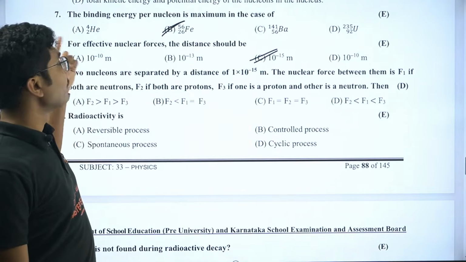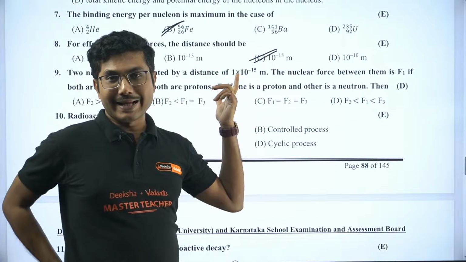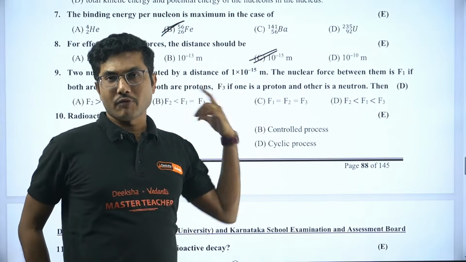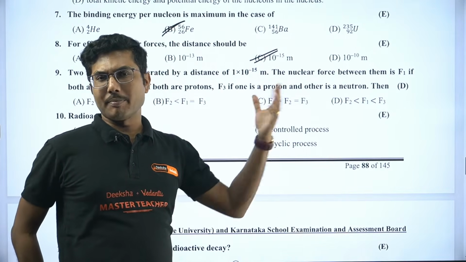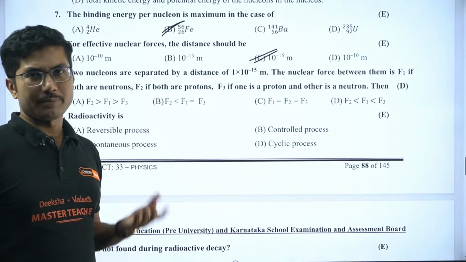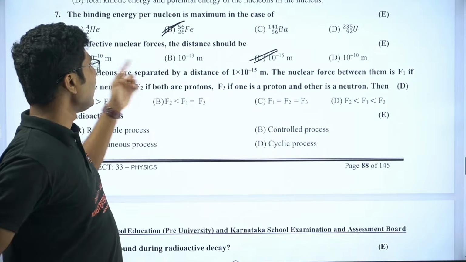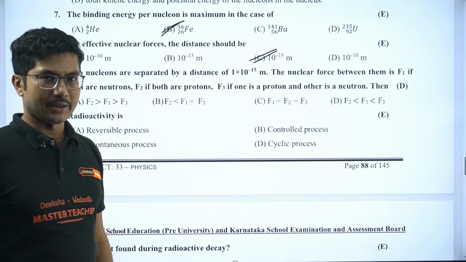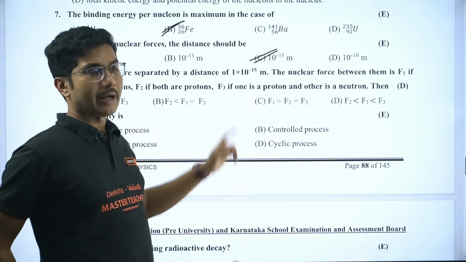So we know that nuclear force up to 0.8 fermi is repulsive, from 0.8 fermi to about 2 to 3 fermi is attractive, and beyond 2 to 3 fermi it is 0. So it has to be in the range of 10 to the power of minus 15.